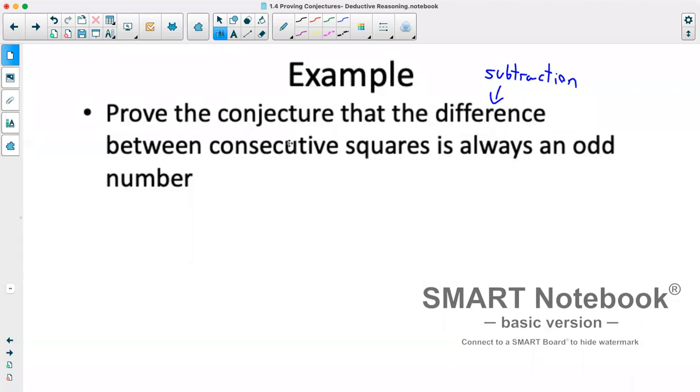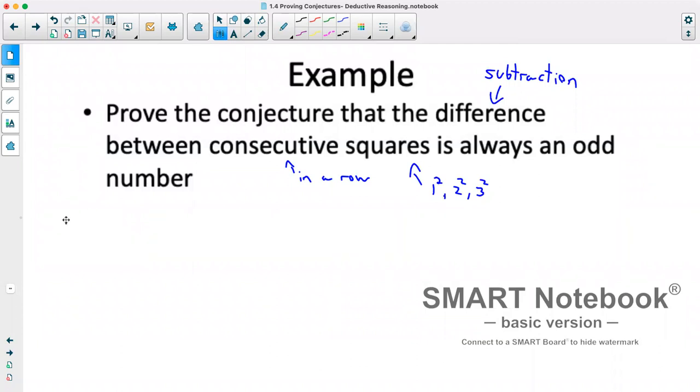Consecutive just means in a row. And squares, that would be like 1 squared, 2 squared, 3 squared, and so on. So we want to show that it's always an odd number.